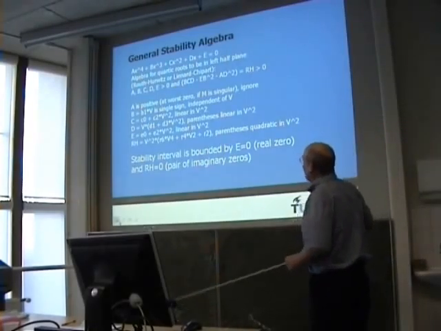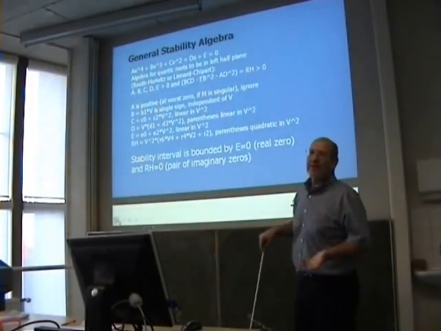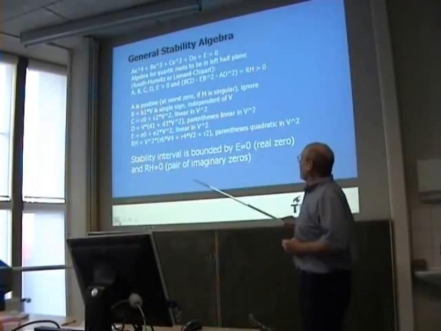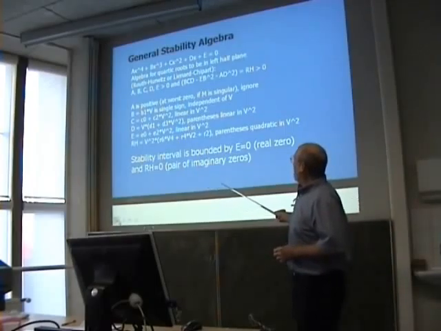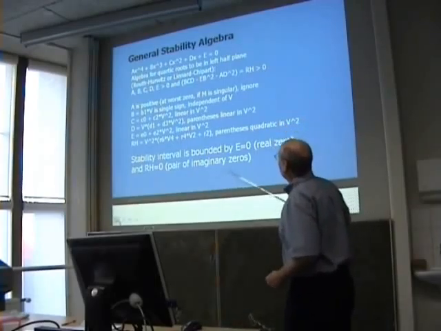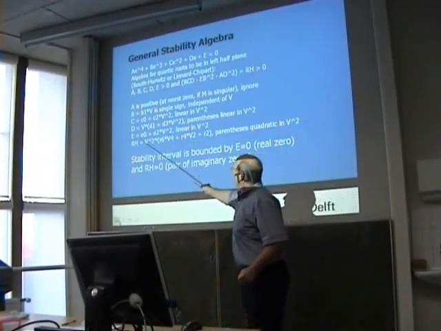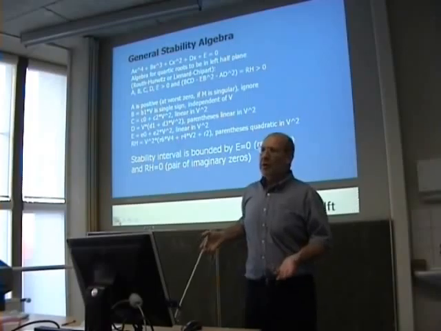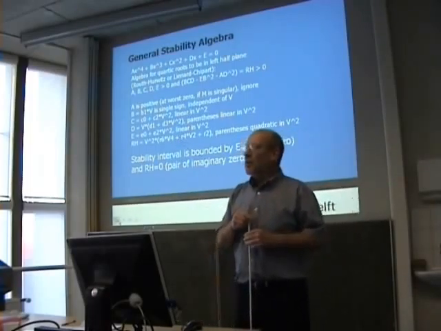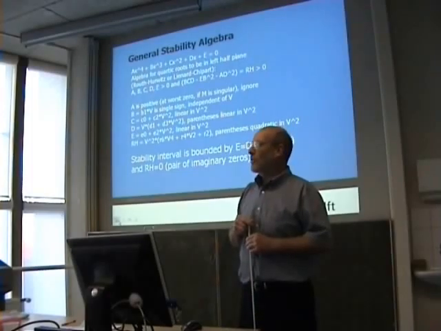The other way is that a pair of complex eigenvalues goes from negative real parts to positive real parts, so the boundary is when you have a pair of purely imaginary eigenvalues. So that's what these two criteria really are. This one is the condition for a real zero, and this is the condition for a pair of imaginaries.